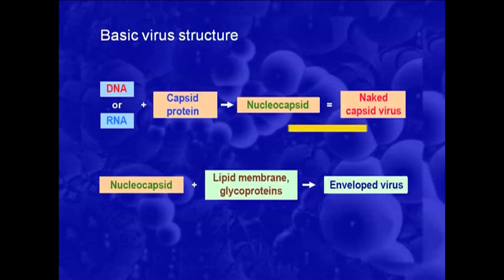Some viruses are naked viruses, they don't have any extra envelope. But there are certain enveloped viruses, which have in addition an envelope made up of lipids. This lipid envelope is mainly derived from host cells.